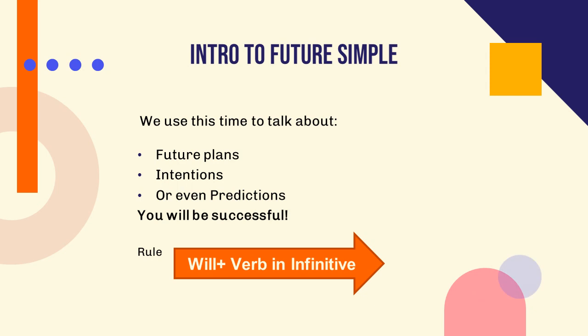Now we use this time to talk about future plans, intentions, or even predictions. For instance, you will be successful. The rule here is will plus the verb in the infinitive. And of course here we have a simple adjective. You will be successful.